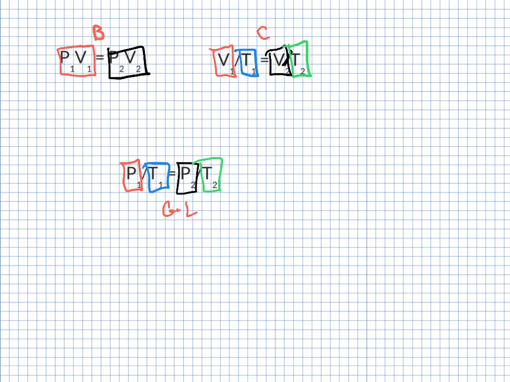So if we combine all those things, let's pull all of the left side numerators together, and that is P1 and V1. All right, that covers these, this, and this. And then the left side denominator, T1. That covers this and this. Right side numerator, P2, V2, that covers this, this, and this.